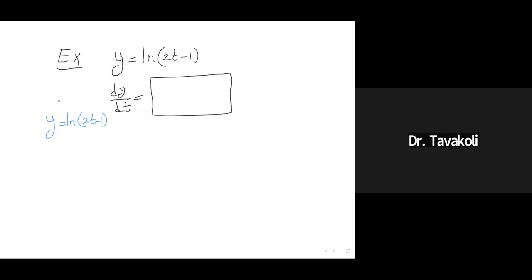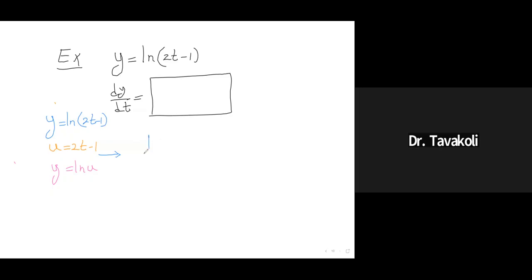So on one hand, I let u be 2t minus 1, and on the other hand, y is ln of u. Again, let's be careful about writing down the chain rule.